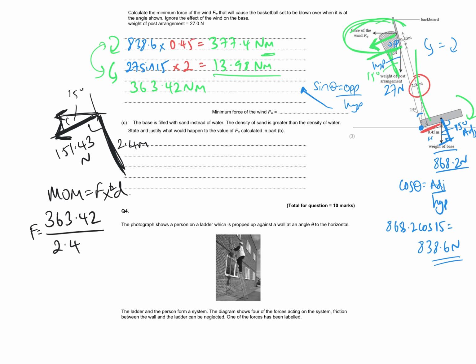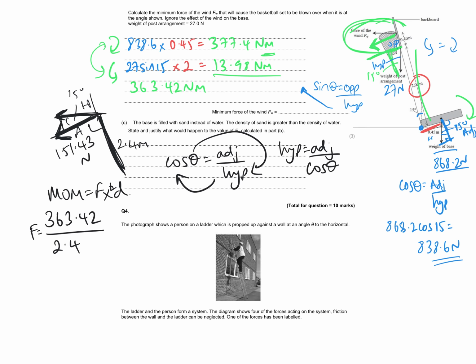This one, the component is always the hypotenuse. This one's the adjacent, so we need to use cos. Cos theta is adjacent over hypotenuse. The adjacent we said was 151.43. We're trying to find the hypotenuse. That one goes there, that one goes underneath. So hypotenuse equals adjacent divided by cos theta.